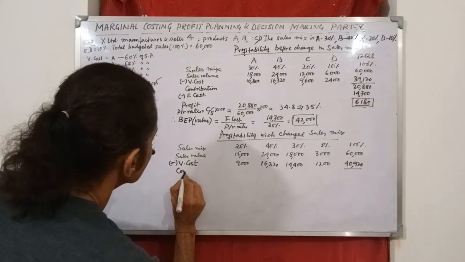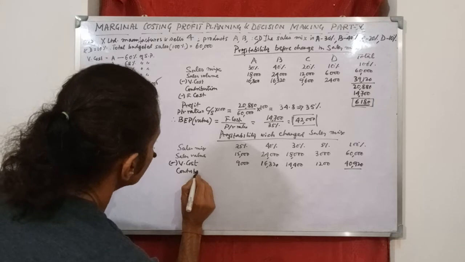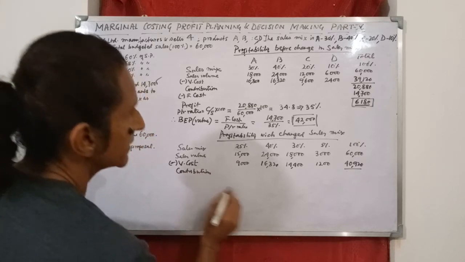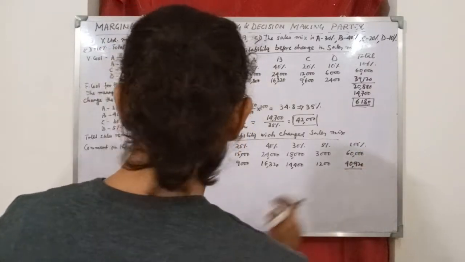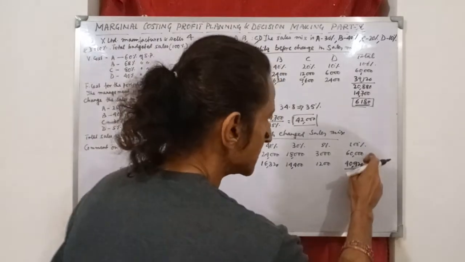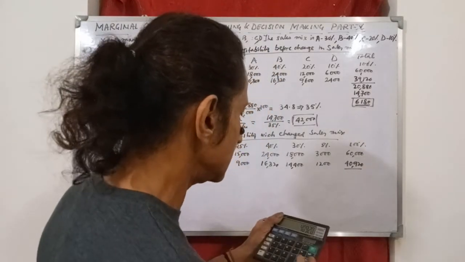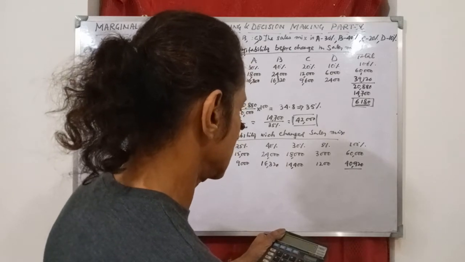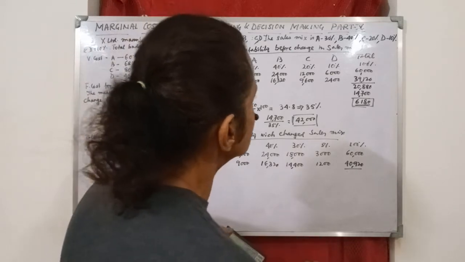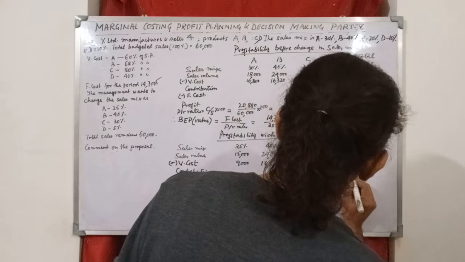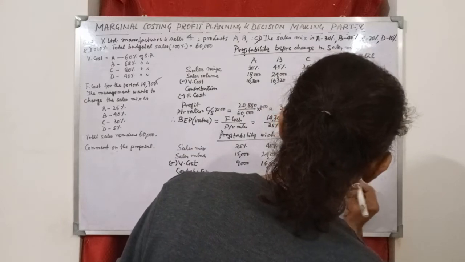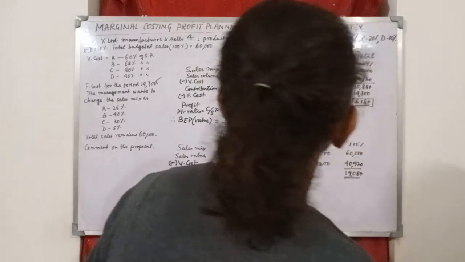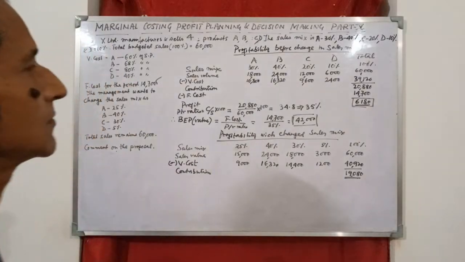Therefore, contribution, that is sales minus variable cost, that is 60,000 minus 49,920, that is 10,080. Contribution.